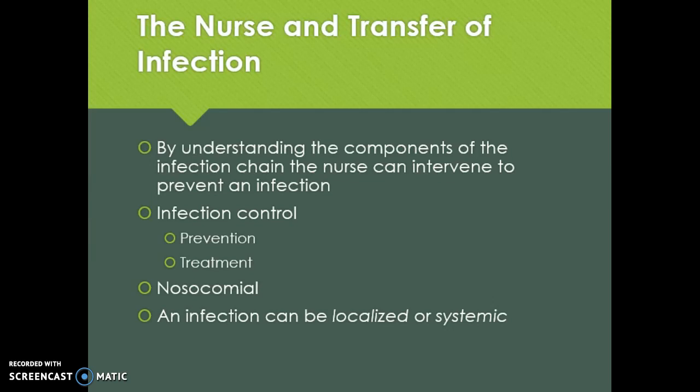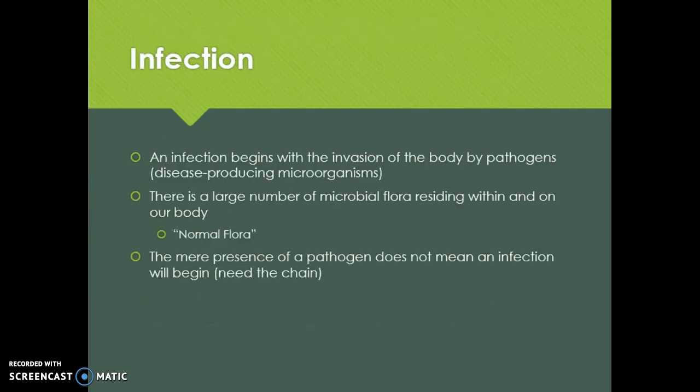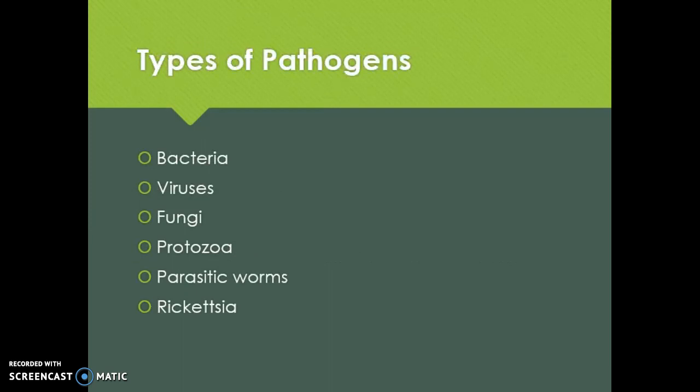First of all, you have to understand how infections are transmitted. So these past slides that I just went over and what's on that YouTube video are very, very important for you to know. So infection is the actual invader, okay? There are many types, including bacteria, viruses, fungi, protozoa, parasites.